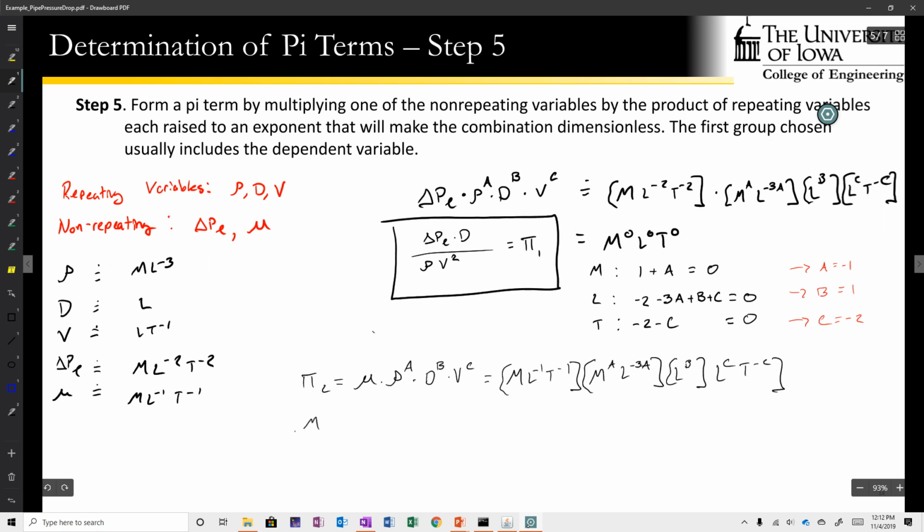Write out a system of equations: mass, length, time. For mass, 1 plus A, same as before, has to be equal to 0. For length, negative 1 minus 3A plus B plus C equal to 0. And for time, negative 1 minus C equal to 0.